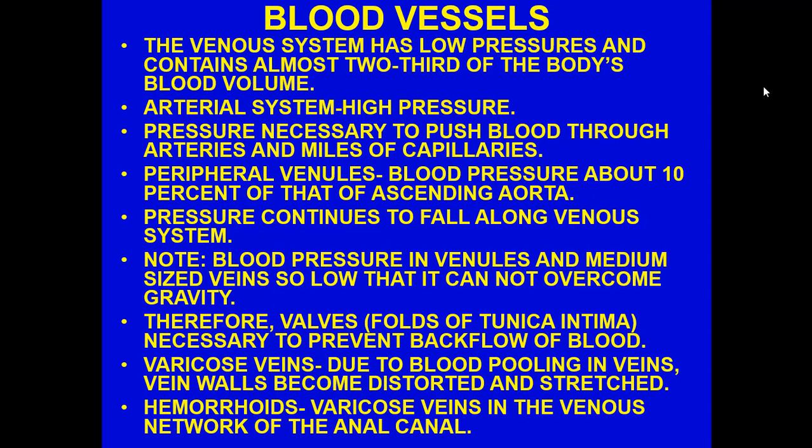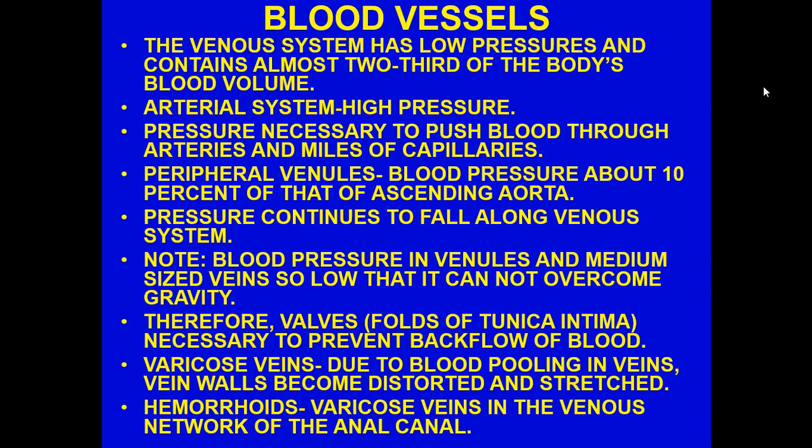Therefore, if I can say it, a lot of the pressure energy has been lost. The arterial system has high blood pressure, but as you push the blood through the miles of capillaries in all your tissues, you end up losing a lot of the pressure difference. So the venous system is always going to be low pressure. As a result, it will also contain almost 2/3 of the body's blood volume.